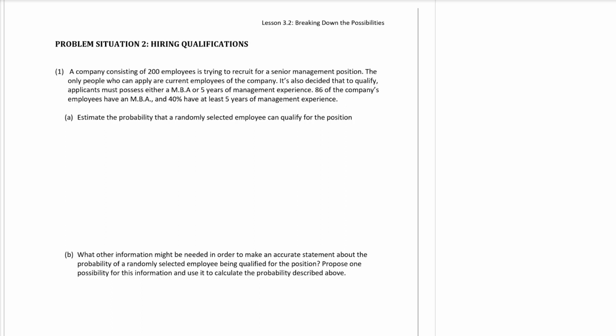So once again, we're going to look at this and make a circle. The circle consists of 200 employees. So that's the total. 100% is 200. All right, so that's the total size of the company.